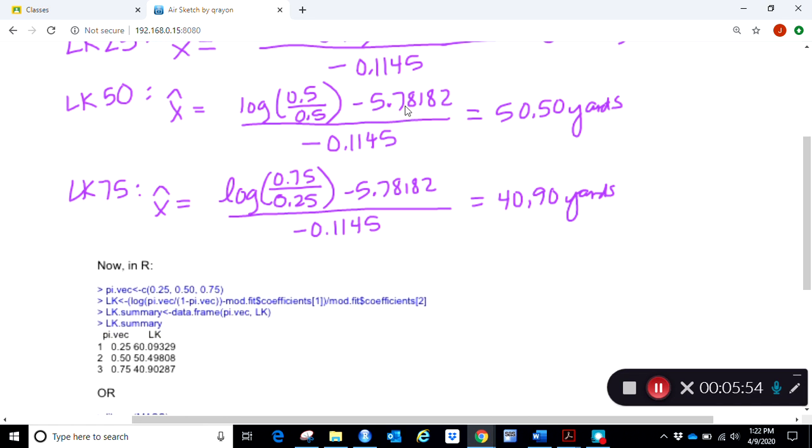Then we needed to subtract off that alpha hat, which is just the mod.fit$coefficients first element, and my beta hat is just the second element. Then I'm storing them a little bit more prettily, so that I actually have my values of pi with the lethal kick together by putting it in a data frame and then printing those out.